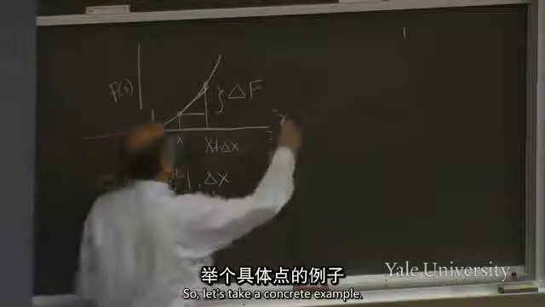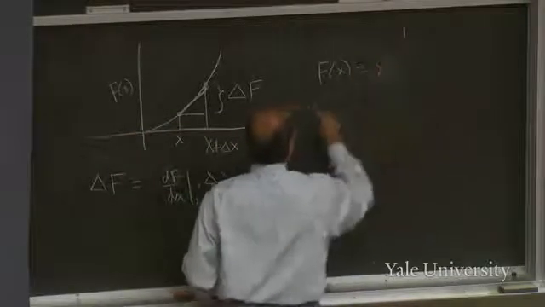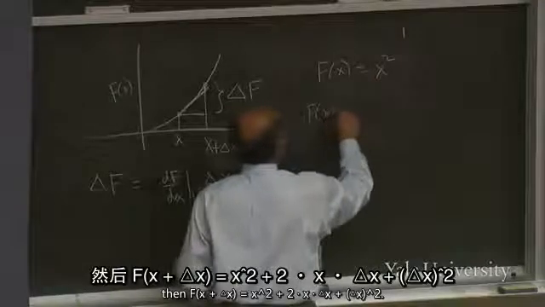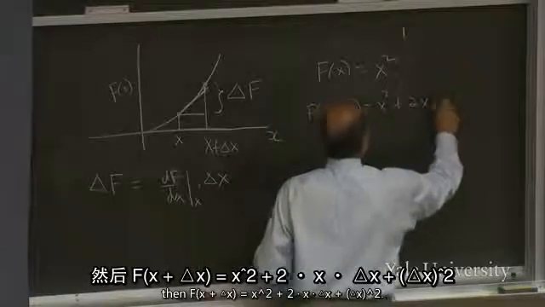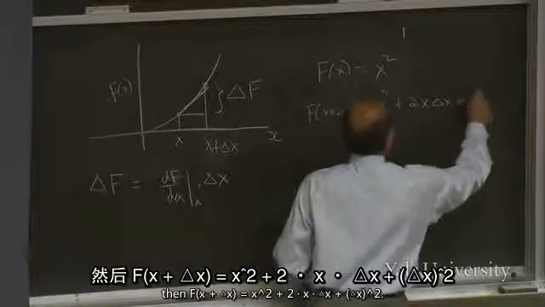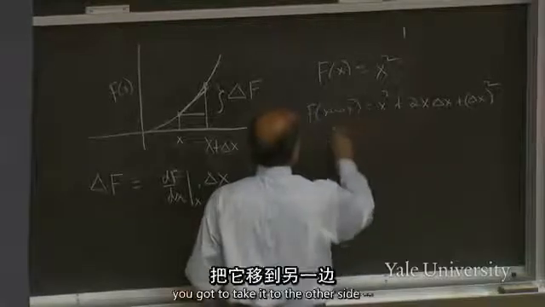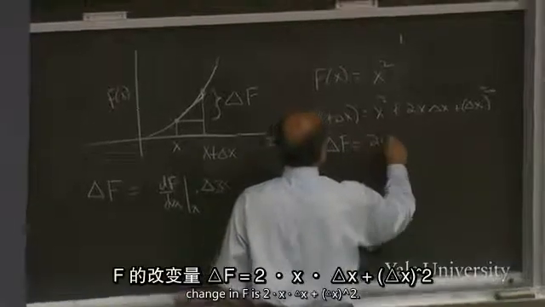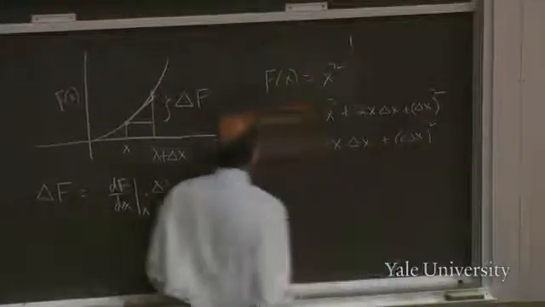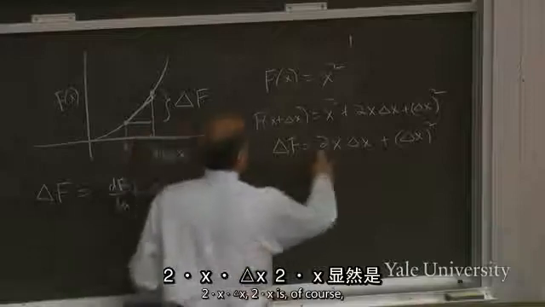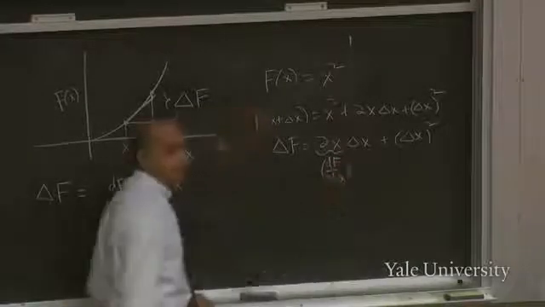So let's take a concrete example. Suppose f of x is equal to x squared. Then f of x plus delta x is x squared plus 2x delta x plus delta x squared. Therefore, the change in f, you got to take it to the other side. Change in f is 2x delta x plus delta x squared. 2x is of course what you realize is the derivative of the function at that point.